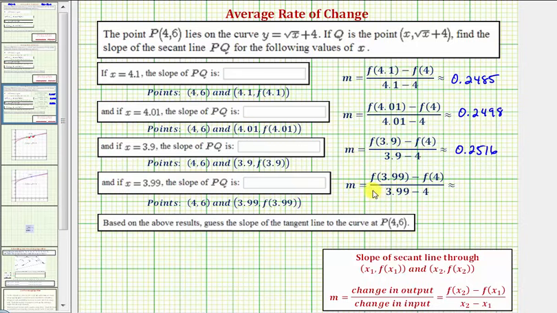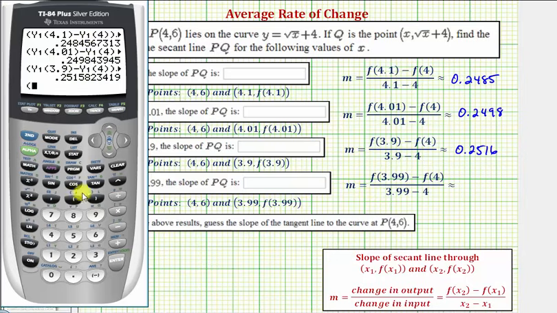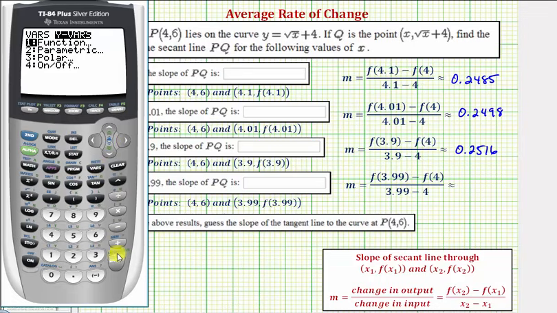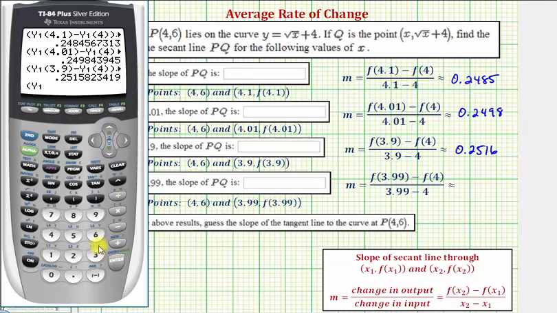We have one more slope for a secant line. So in parentheses, we have Y1 of 3.99, close parenthesis, minus Y1 of 4. Again, we could just enter 6, it'd probably be faster, but just to be consistent, we'll enter Y1 of 4.